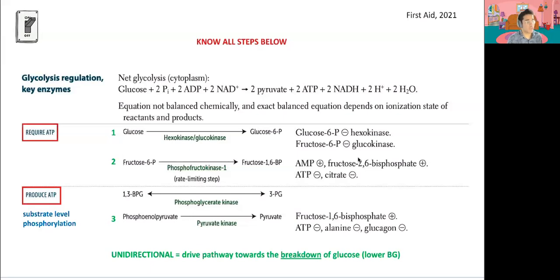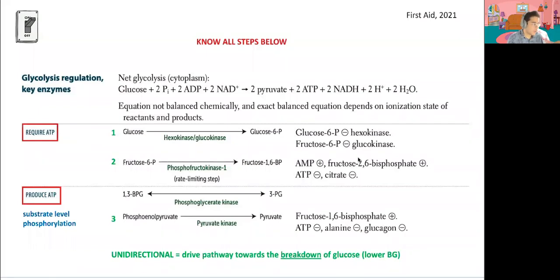Fructose 2,6-bisphosphate is one of the intermediaries created in the side pathway that's going to upregulate the action of phosphofructokinase. ATP is going to have a negative feedback as well as citrate, because remember, ATP is coming from the very end product and citrate is coming from your TCA cycle. So think about multiple pathways converging and regulating glycolysis aside from just knowing the pathway from top to bottom.